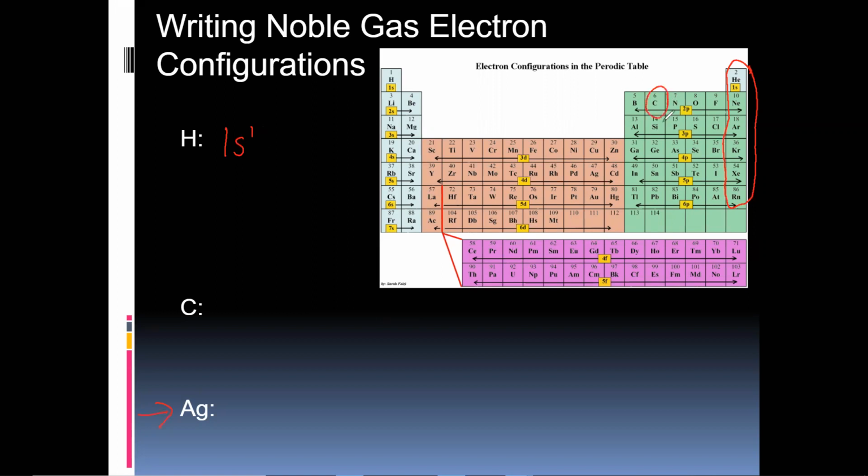Carbon, here, you could write it either way. You could write it in a noble gas configuration, or you could write it normally. It doesn't really matter because its configuration is not complicated. But to show you what it would look like, if you went backwards on the periodic table, helium is the next previous noble gas. So instead, you could put helium in brackets, and you could just move on.